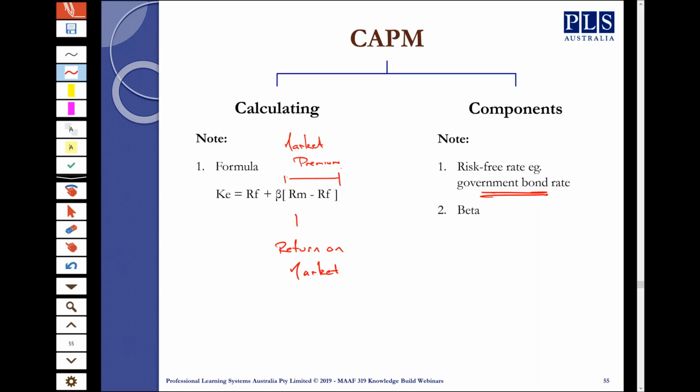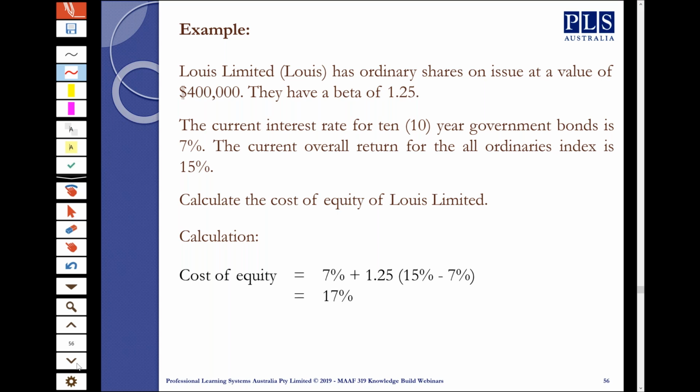Now, you're probably looking at that, okay, government bond rate, treasury bond rate, I can find that. Return on market, fairly straightforward. What does the beta mean for me? Well, guys, before we get to explain the beta, simplistically, Lewis has ordinary shares on issue at a value of 4 million, beta of 1.25. Current interest rate for a 10-year government bond is 7%.